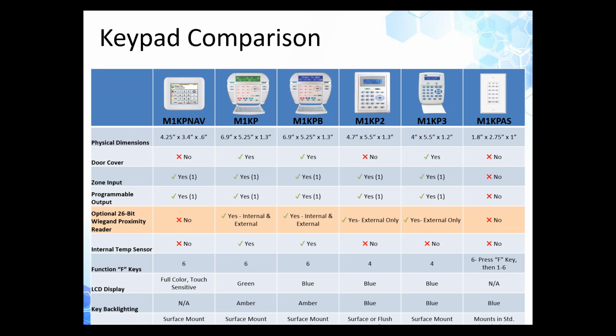Or you can have an external prox reader connected to these four keypads, the KP, KPB, KP2, and KP3. KP2 and KP3 require a unique harness, and then the KP and KPB have their own unique harness for connecting your 26-bit Wiegand reader. Now the Wiegand reader should be fairly close to the keypad as possible, say within 20 feet of the keypad.